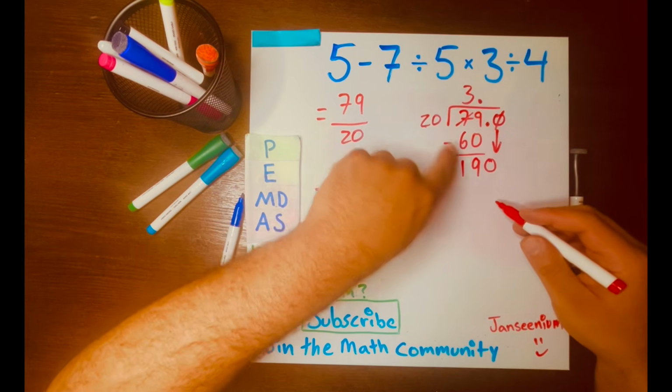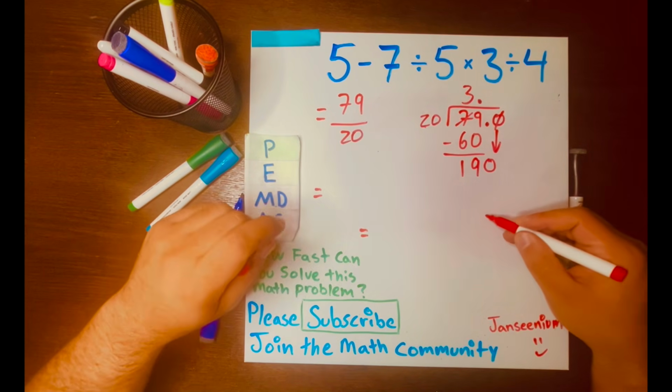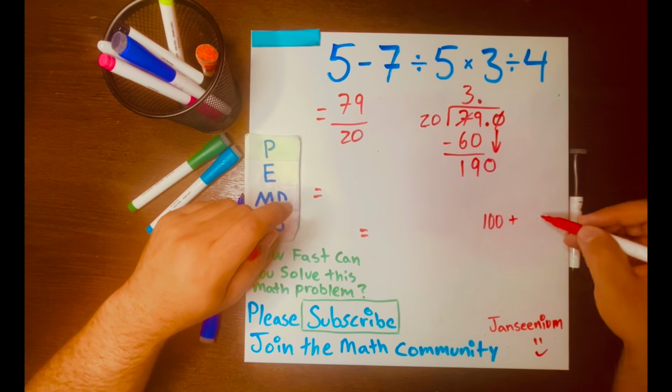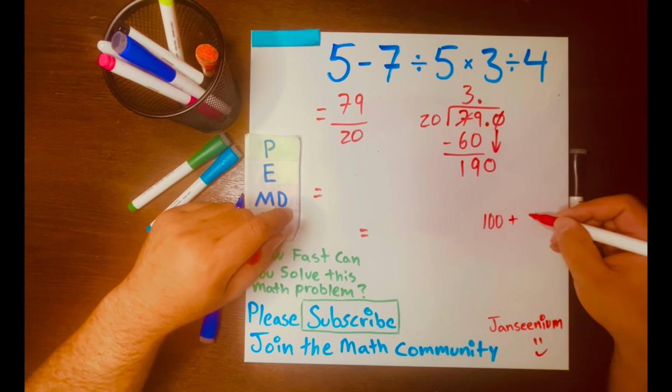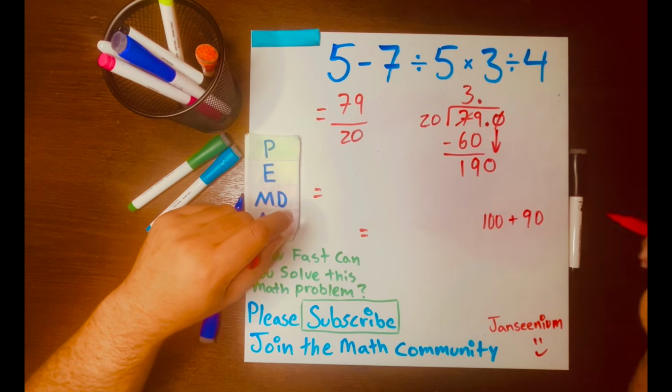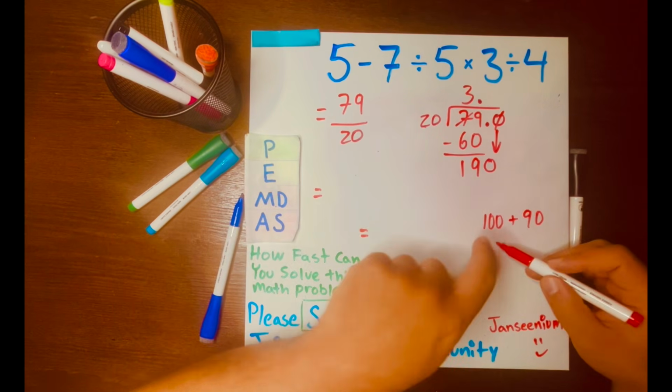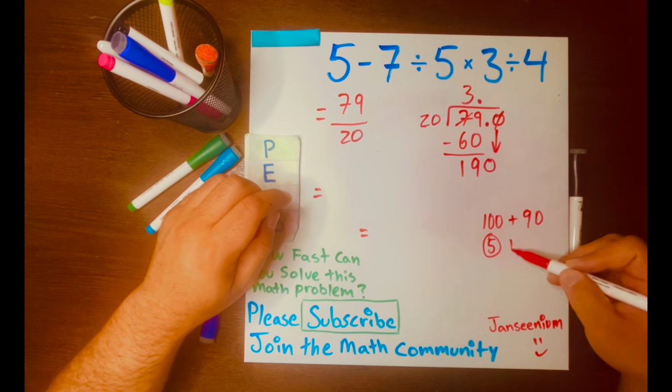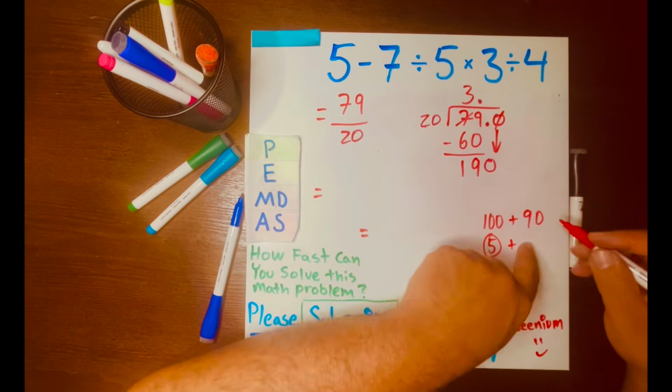How many times can 20 fit into 190? Let's rewrite this or break it down. So you write 100 plus 90. You can fit 20 into 100 five times, plus you can fit 20 into 90.